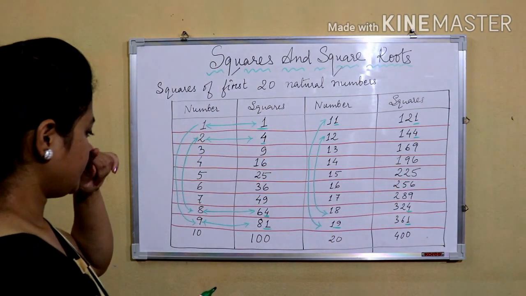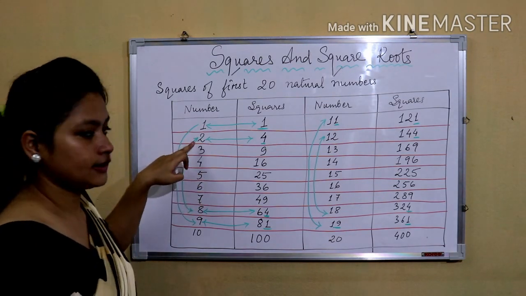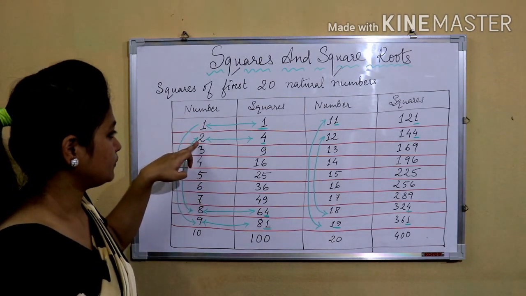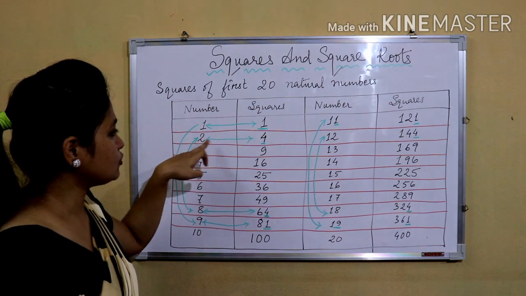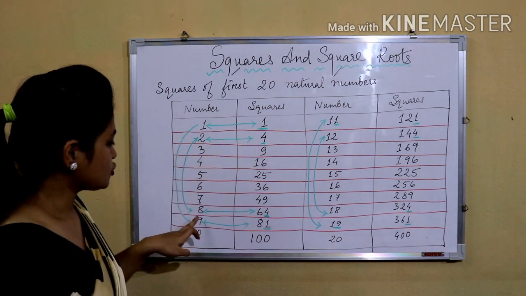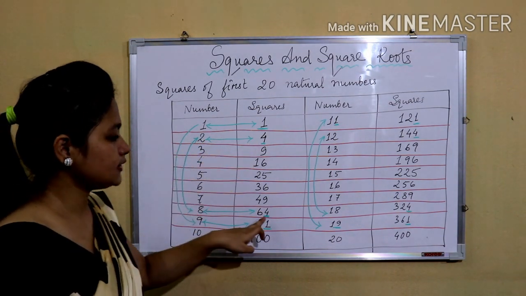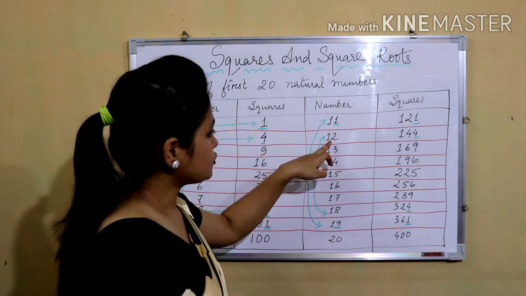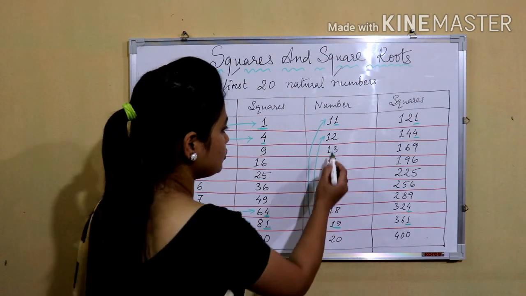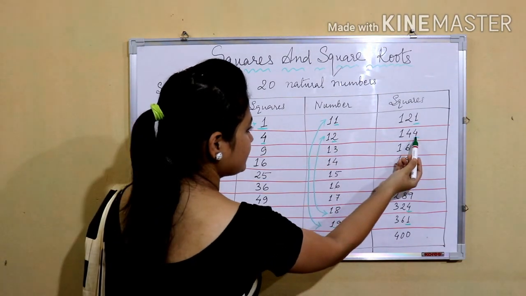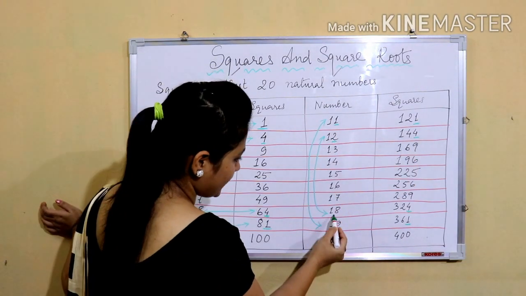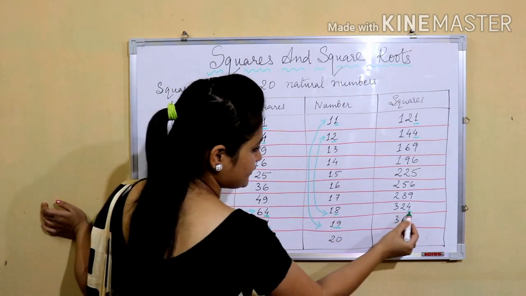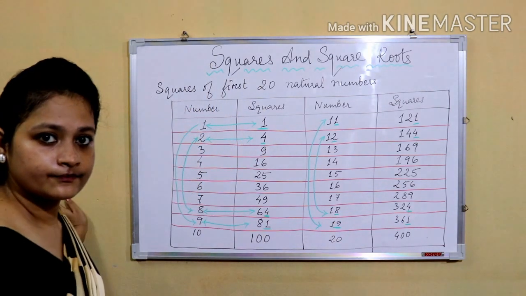That means for a number with unit digit 2, the square ends with 4. Square of 8 ends with unit digit 4. Same way, 12, with unit digit 2, ends with 4. Same way, 18, with unit digit 8, ends with 4.